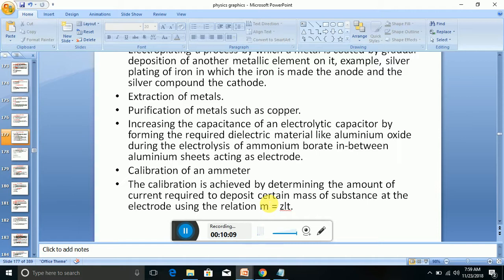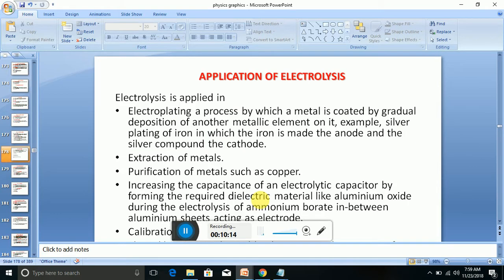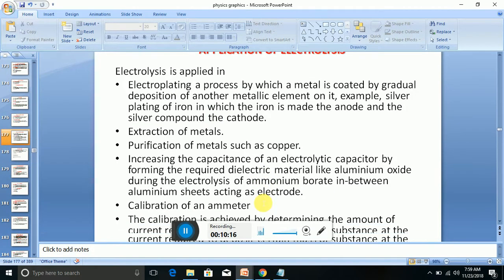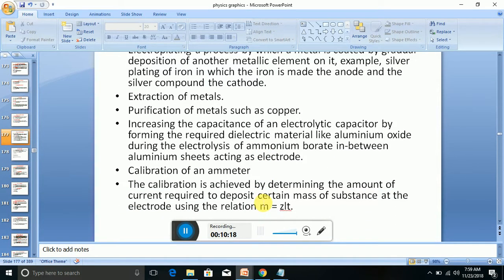I say that M = Z I T. So that is where we're going to be stopping in electrolysis for today. In subsequent classes, we're going to look more into these and other things.